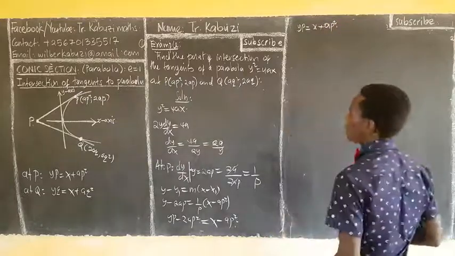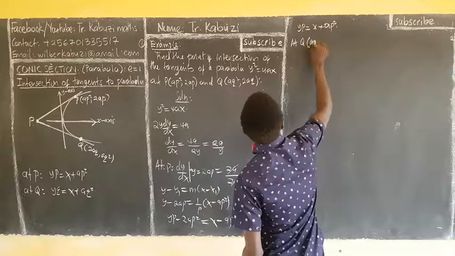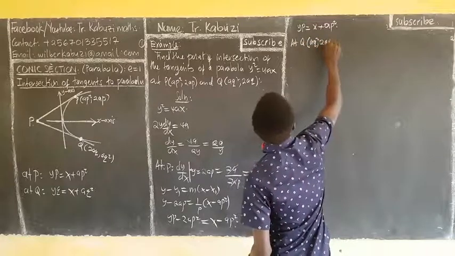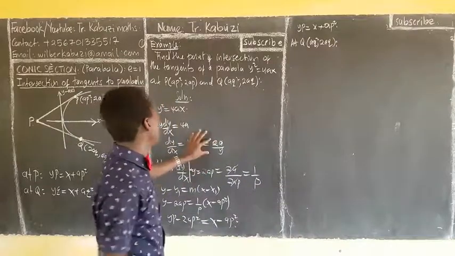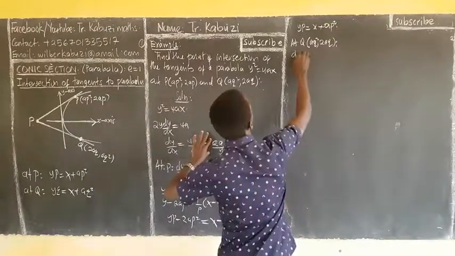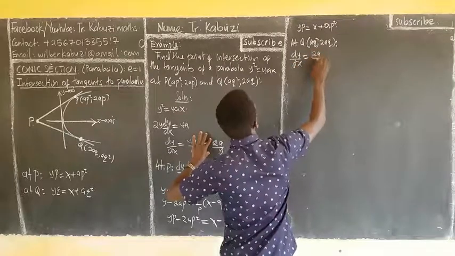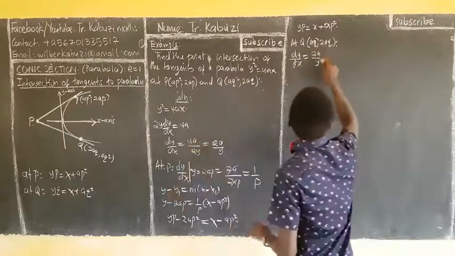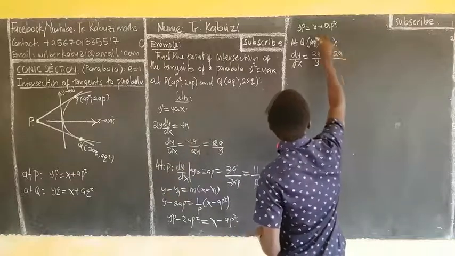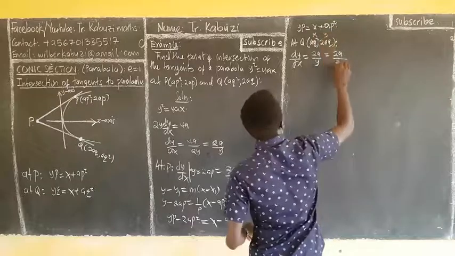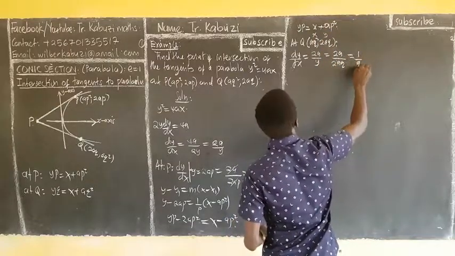So now I come to q. At q, we have aq squared, 2aq. But we say the gradient is the same. So from here, our dy/dx is 2a over y. So here my value of y is 2aq, so 2a over 2aq, which will be 1 over q.